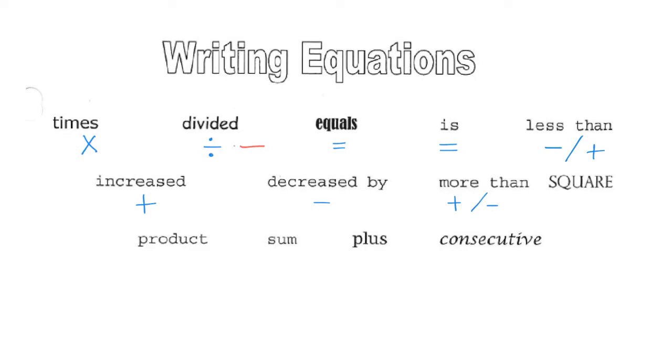Square, I'm hoping I've converted most of you to being able to denote we would have a base, and all square means is an exponent of 2. We've also gotten much better at acknowledging product means multiply. And maybe if we bring back some old terminology, sum means addition, plus most of us mean as addition. And then consecutive tends to add a little bit of a wrinkle.